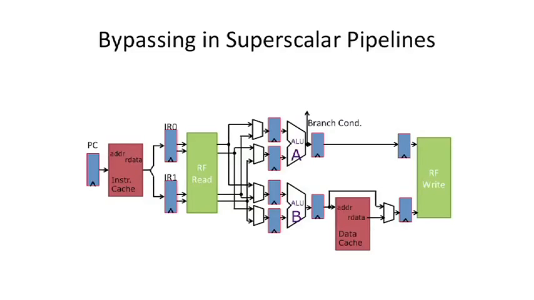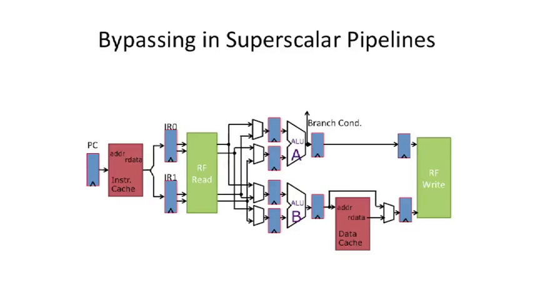OK, so we sort of introduced this two-way superscalar, in-order superscalar. One thing we need to think about is we add a lot more places that data could be coming from if we have to forward data.